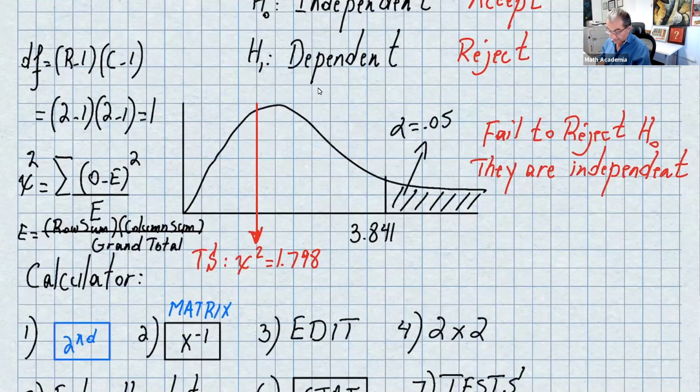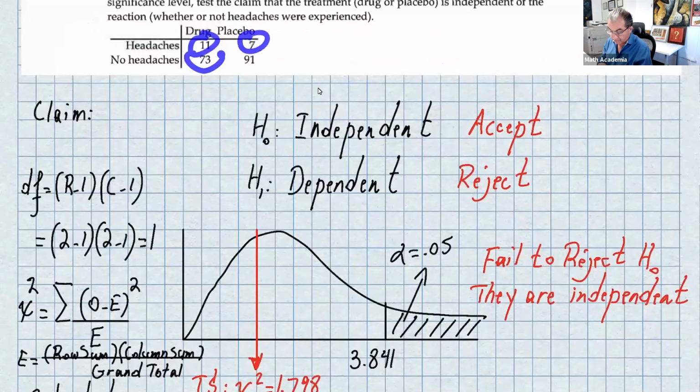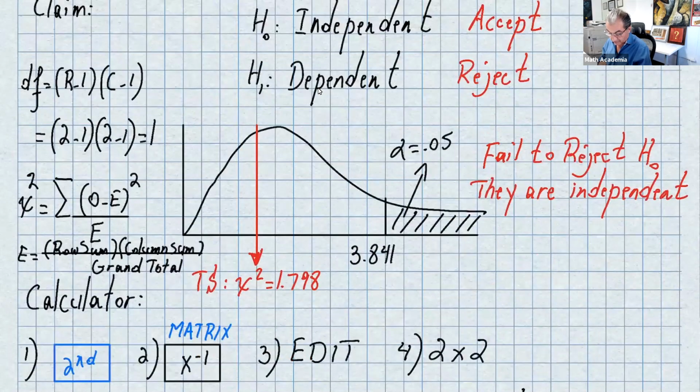Then you have to find the test statistic. The test statistic, we said, is the sum of O minus E squared divided by E. O is whatever is given in the table. Those values are the observed values. And E, you have to find by using row sum times column sum divided by the grand total.